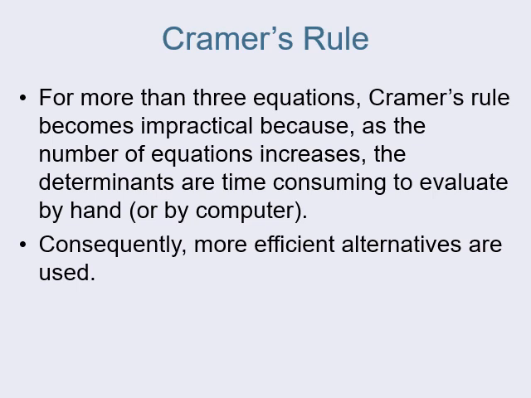Imagine if you have a 4 by 4 system, then you will have 4 times to find a 3 by 3 determinant for each determinant. For example, for D you have to find a 3 by 3 determinant 4 times, and we know that for a 3 by 3 system you have to find a 2 by 2 determinant 3 times.